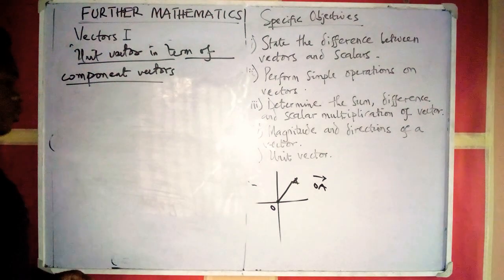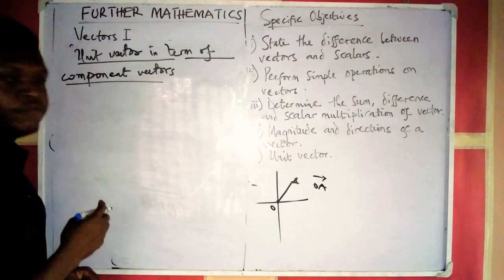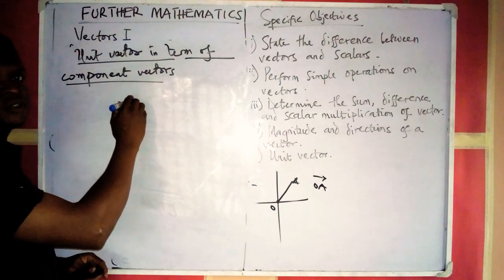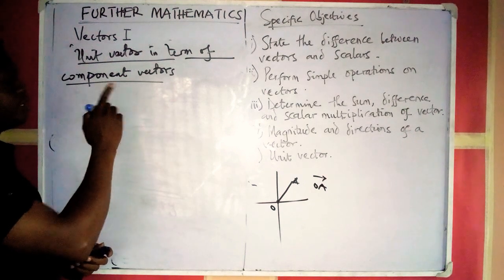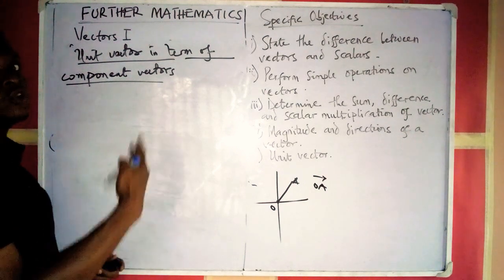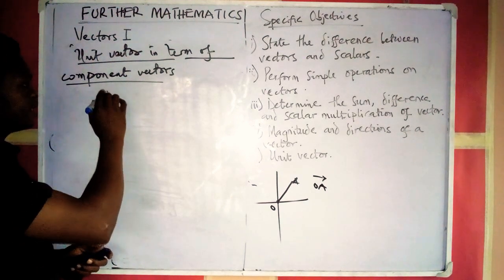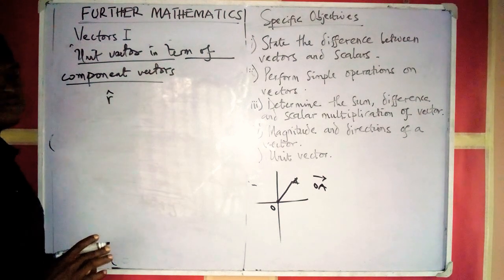We recall that the unit vector in the direction of a vector r is written as r cap. That's the unit vector.